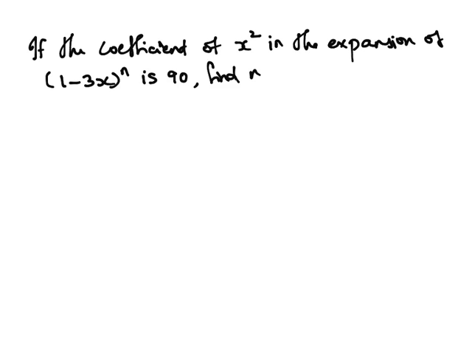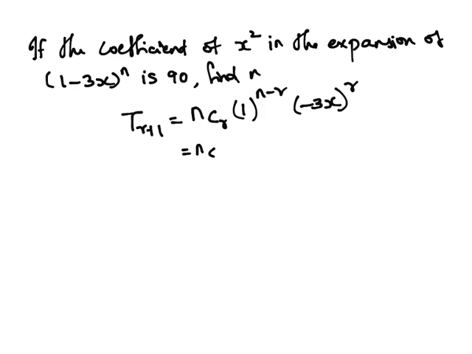T r plus 1 equal to nCr a power n minus r, so 1 power n minus r into b power r, which is minus 3x whole raised to r, isn't it? So basically I'll get nCr into 1 power n minus r. In fact, 1 power n minus r is 1, so I can remove it, and I can write it as minus 3 power r into x power r.